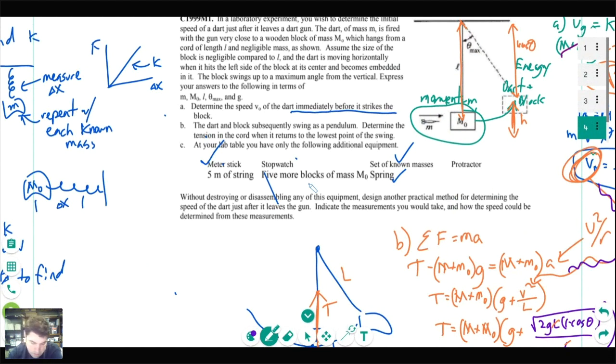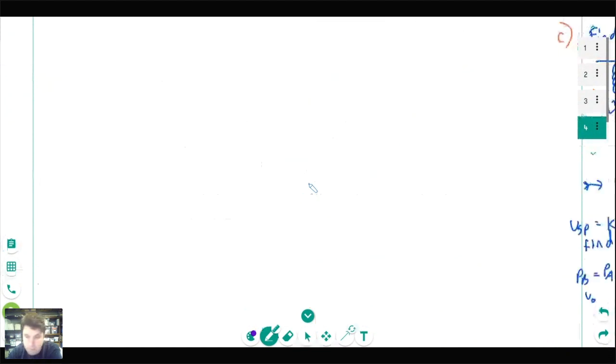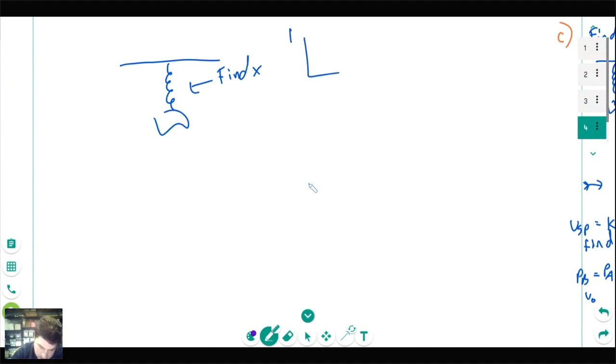I wonder, and this is me just thinking out loud here, if we could do the same stuff to find the spring constant before. So we're going to measure x with a different mass on there, make our plot, force versus x, find k, stuff like that.